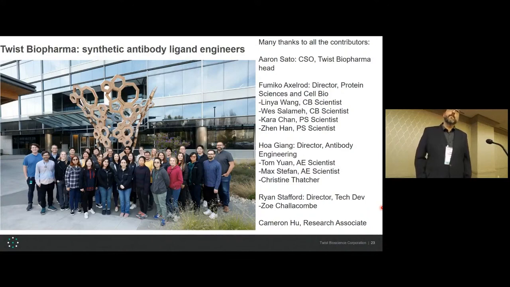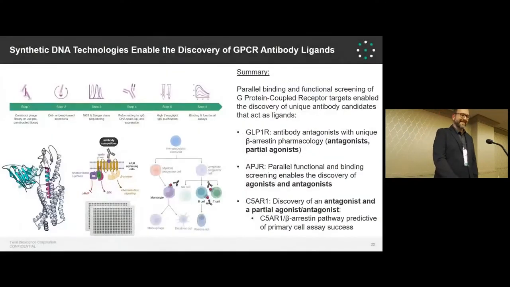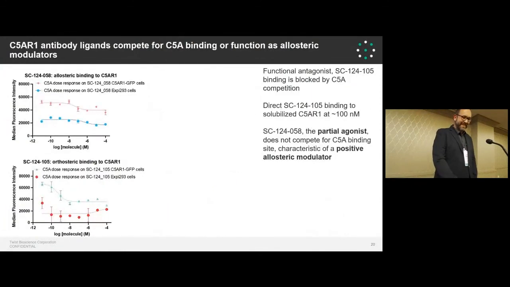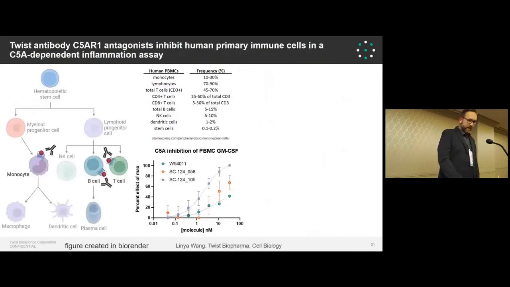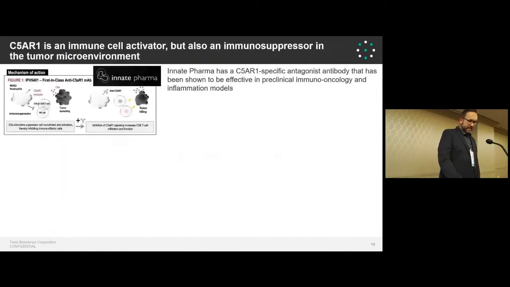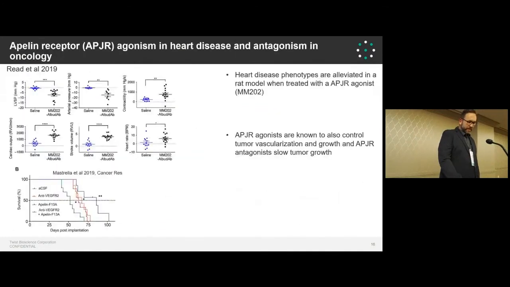You also said that for your libraries you can change the length of the CDRs. How long do you go and how short are they? Yeah, I don't know. When you get super long, like over 40 amino acids, it's just way too unstable. We've made libraries like that, and they don't express when we reformat into IgG. I have the graph here that shows for this particular library there are 2 peaks.